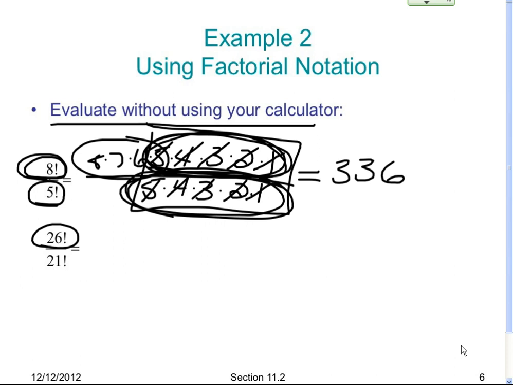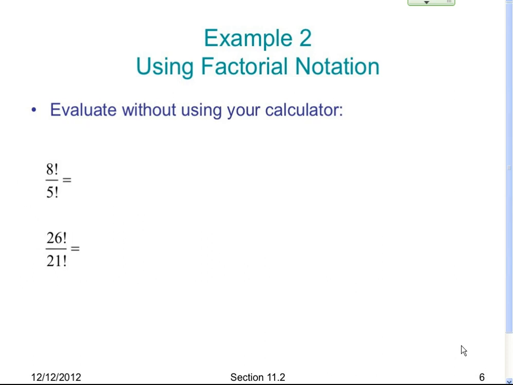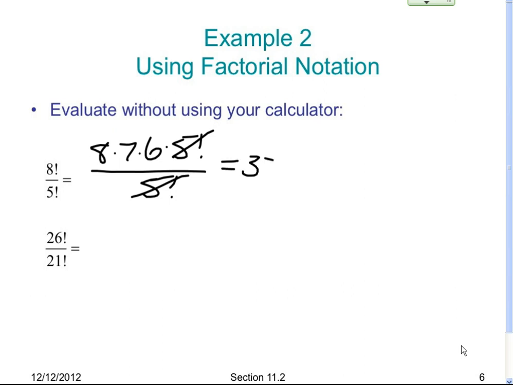So what I could have done instead, I'm going to erase this, is written 8 times 7 times 6 times 5 factorial, because I know I have a 5 factorial on the bottom. Now notice that's not 5, it's 5 factorial. I can cancel 5 factorial and I have a lot less writing.